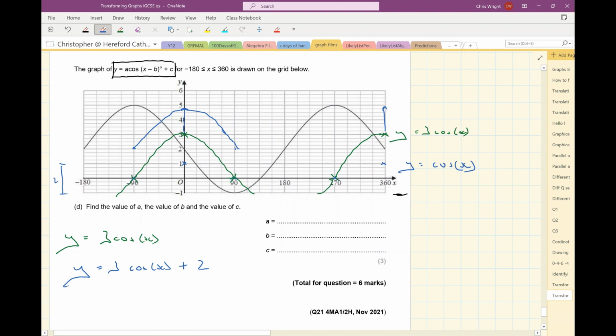Okay, that's 2 units up, that's 2 units up, this one's 2 units up. So here it goes like this. There it is. Something like that. All right, good.